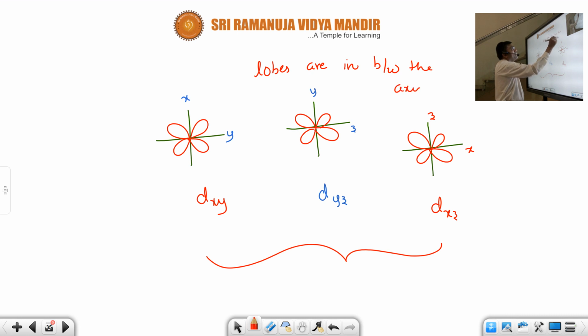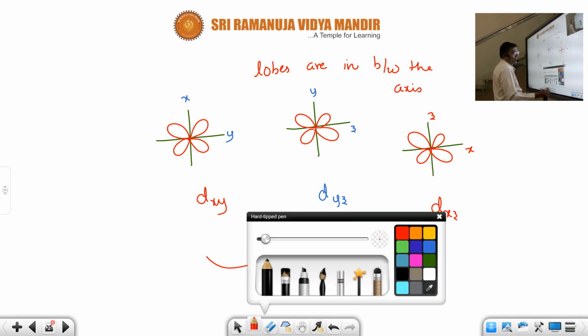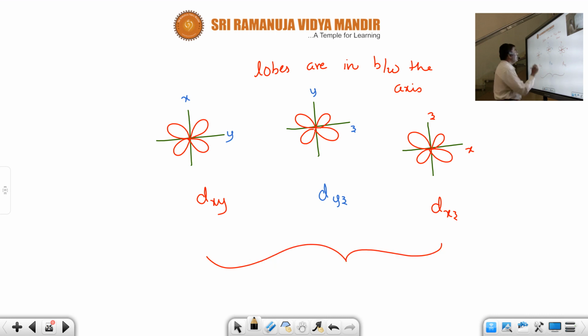So, what is the meaning of in between the axis? I am explaining. Listen carefully. In between the axis means, listen, this is axis. This is axis. So, these are in between. These are the axis. These are in between. You can see in between. So, now 3 I explained.